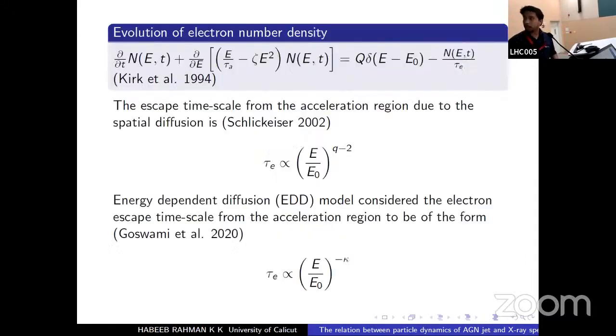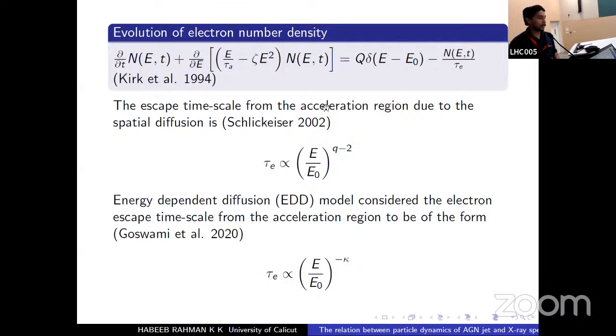This modeling can be done with this equation, which is given in Kirk et al. 1994. The first term in this equation represents the evolution of number density with respect to time, and the second term contains two parts. One part represents the acceleration rate E by tau A, where tau A is the acceleration time scale, and the second term zeta E square represents the emission.